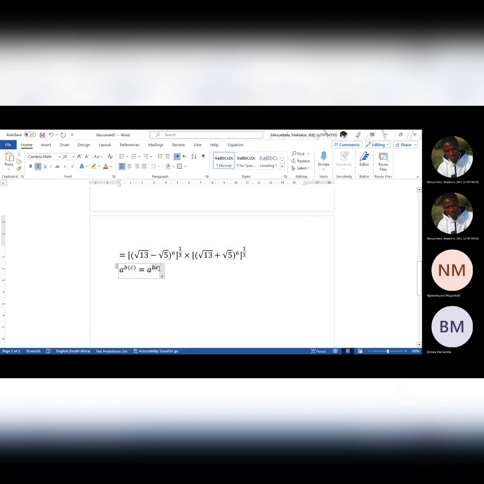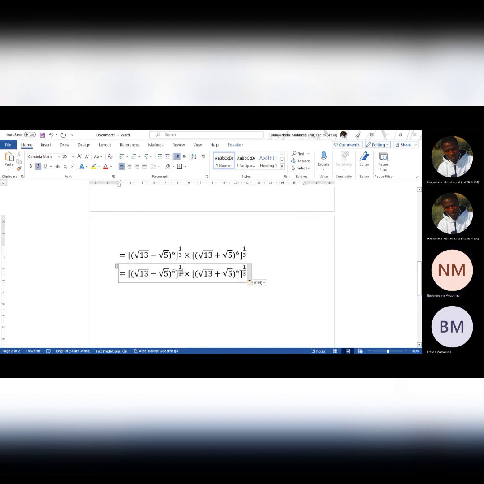Okay, fine. So let's multiply those exponents, which are 6 times 1 over 3.